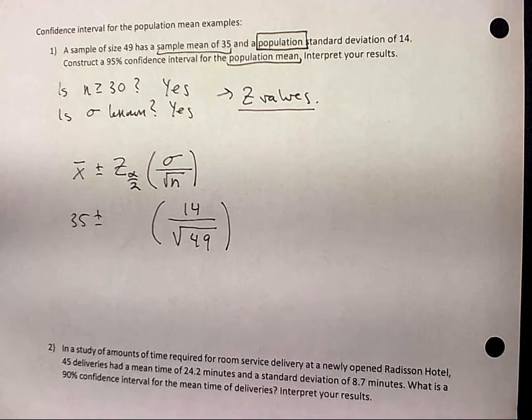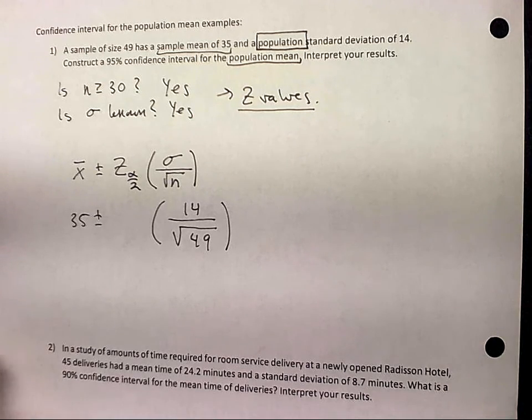Anybody need a little extra time? So you have a 95% confidence level. How big is alpha? 5%. Therefore, alpha divided by 2 is 2.5%.